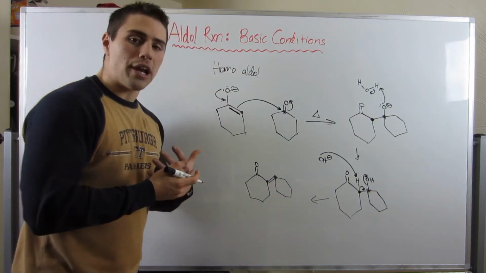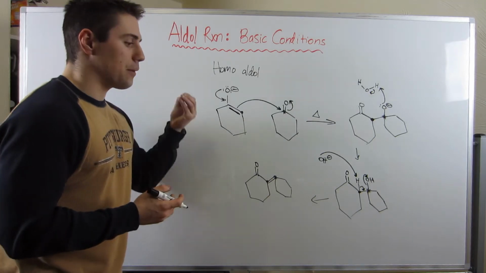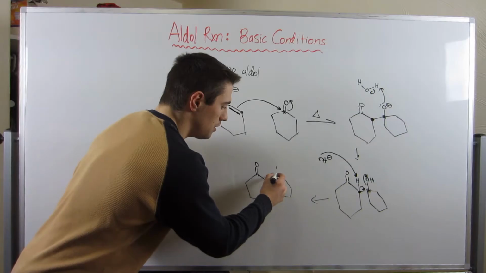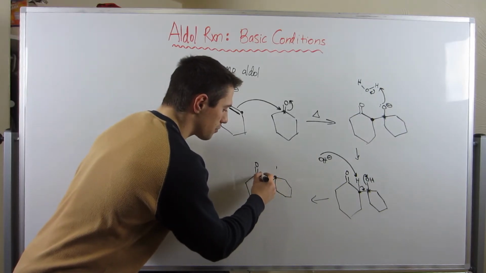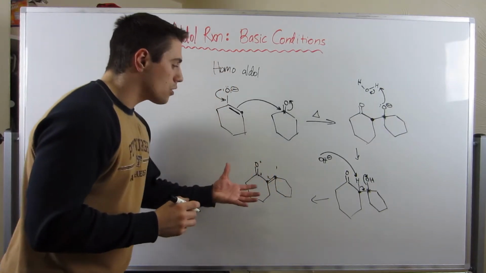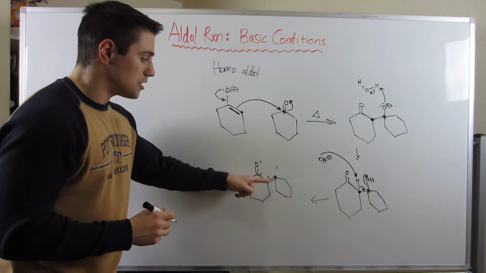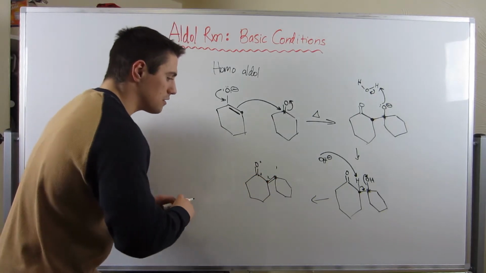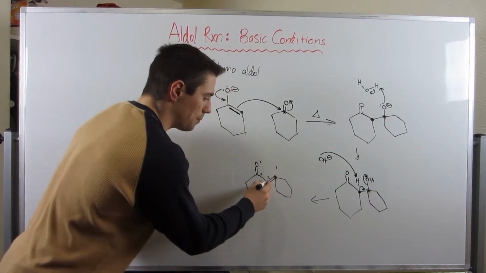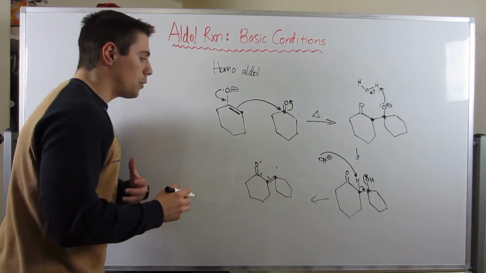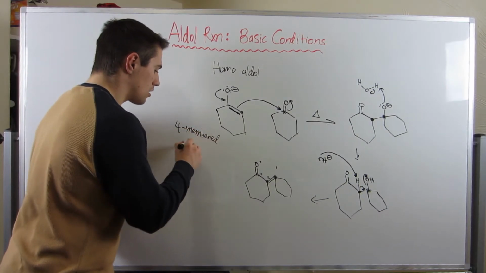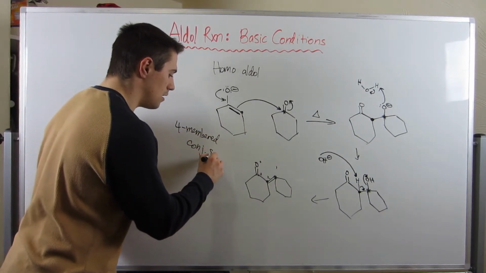So here's kind of what happened. The reason that was favorable is because if I assign numbers 1, 2, 3, and 4, all of these carbons are sp2, sp2, sp2, sp2, right? We have a p orbital, a p orbital, a p orbital, a p orbital. We have a 4-membered conjugated system, right?